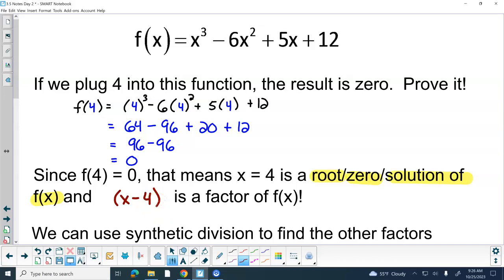If we find a number that we can plug into the function and we get out 0, that means that number is a root, a solution, a 0, an answer, if you will, to the function. But it also means that this is a factor.